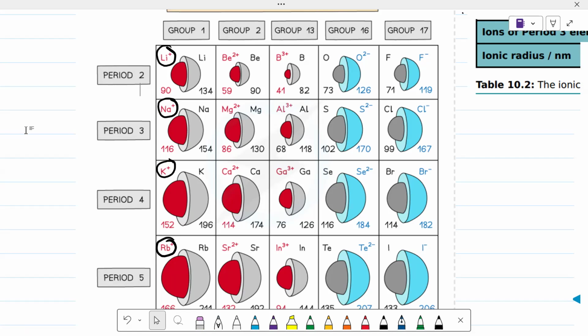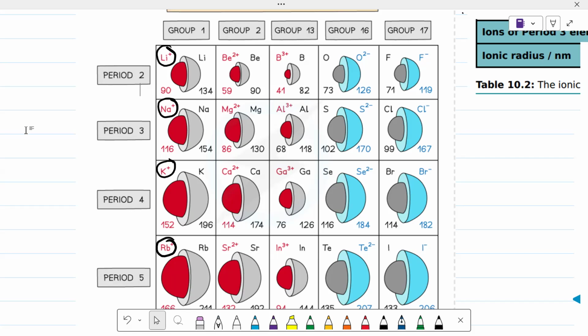And when they lose electrons, what happens? When they lose electrons, there are fewer electrons, then the nuclear charge remains the same.